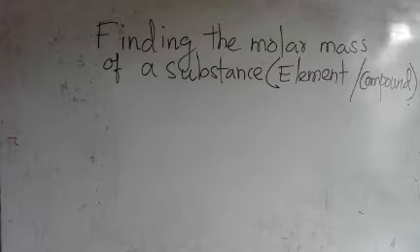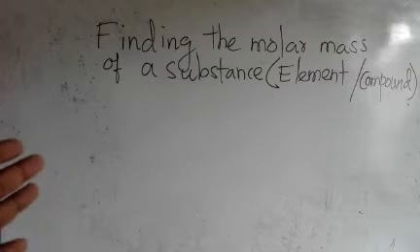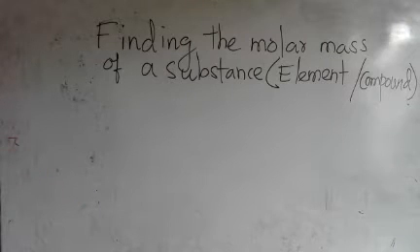In the last lesson, we learnt about relative atomic mass and relative molecular mass. Relative atomic masses should not be memorized because they are given. Even in the test exam, you will be given the relative atomic masses of the elements.